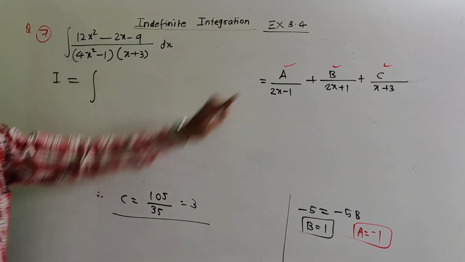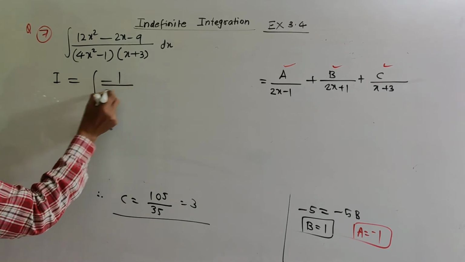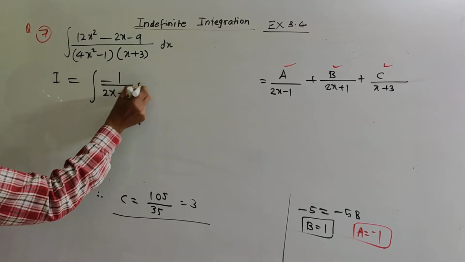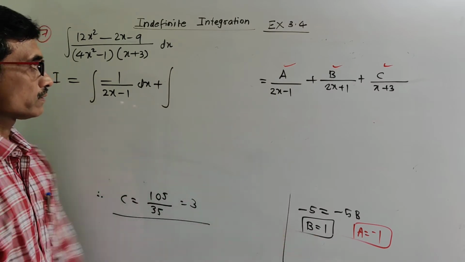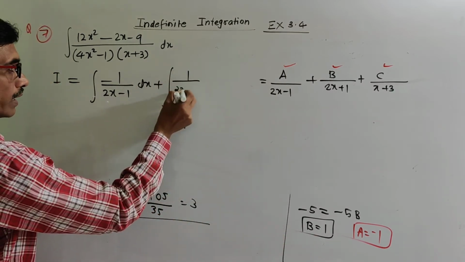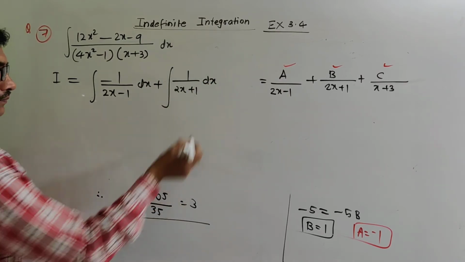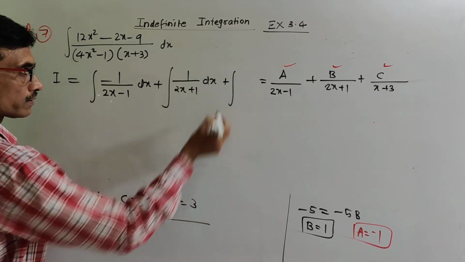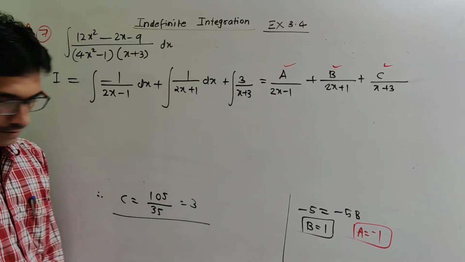integration of a is -1 upon 2x minus 1 dx plus b is 1 upon 2x plus 1 dx plus c is 3 upon x plus 3 dx.